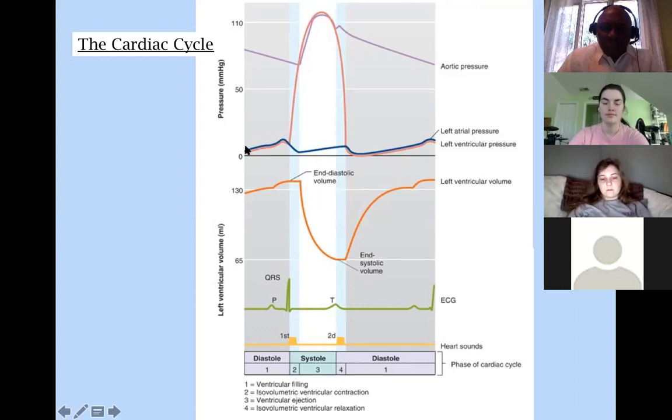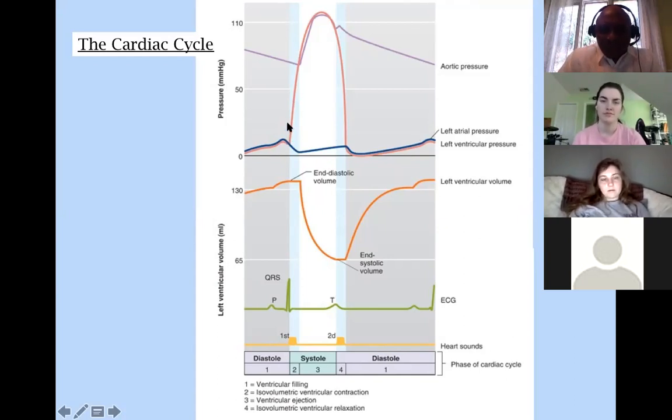Okay, so the dark blue is the pressure in the left atrium. Everything is left atrium, left ventricle. This slide is basically just left. We're not talking about the right atrium or right ventricle. So the blue is the blood pressure in the left atrium.